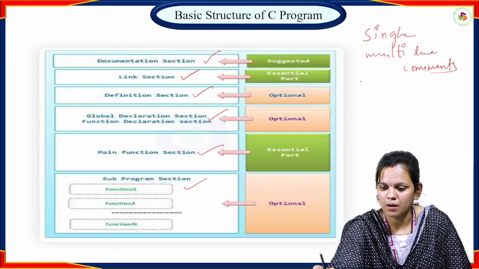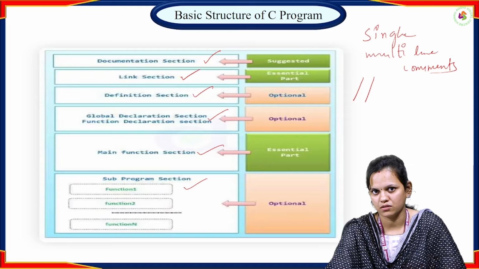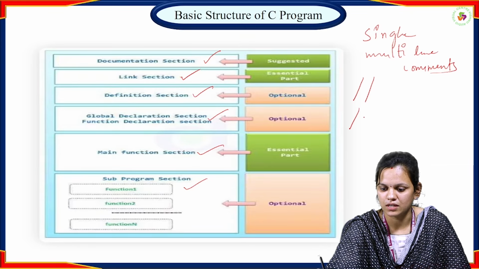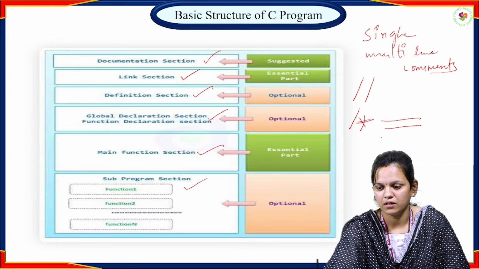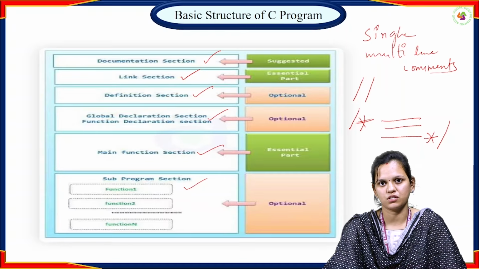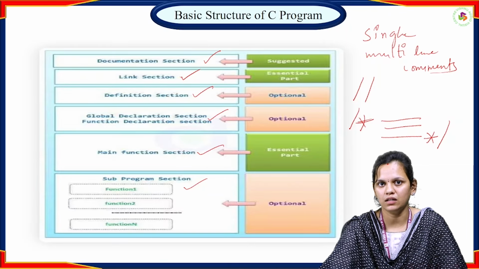Single line comments are denoted using 2 slashes, whereas multi-line comments are denoted using slash star, then write down the comments and end them with star slash. Between this slash star and star slash, we can write the comments.